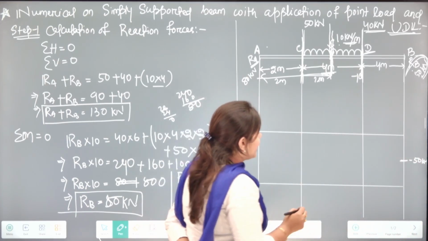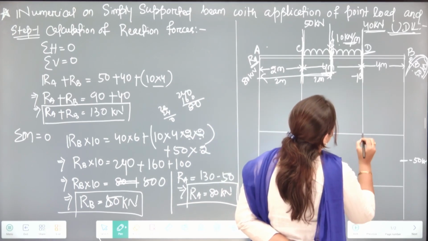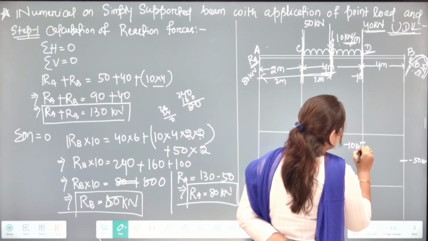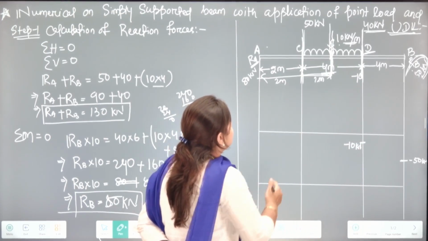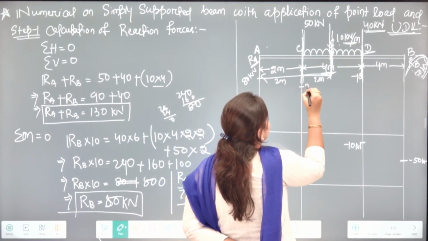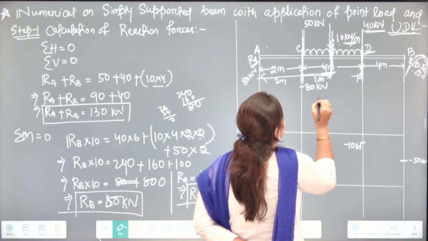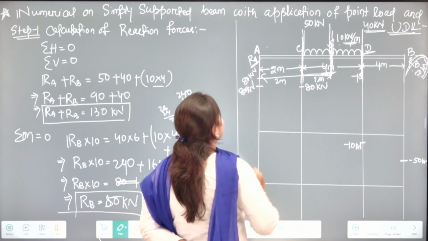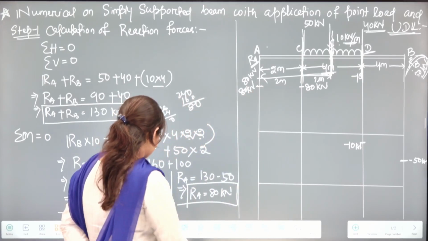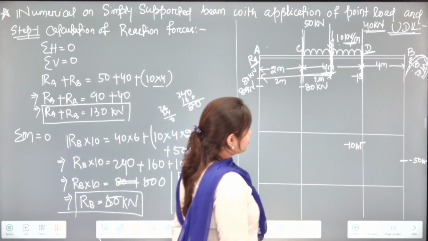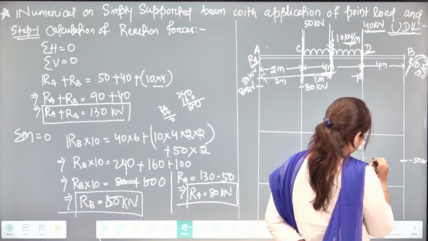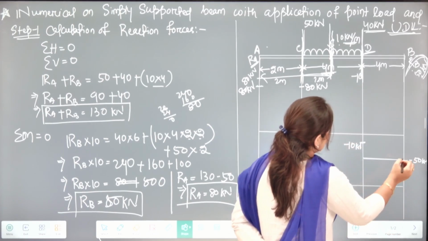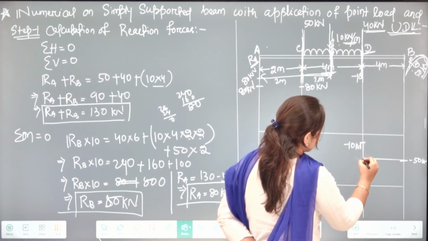Then at point E, we have the value minus 10 kilonewton. 80 kilonewton and this 80 kilonewton, let's join this. So we will have the shear force diagram like this.